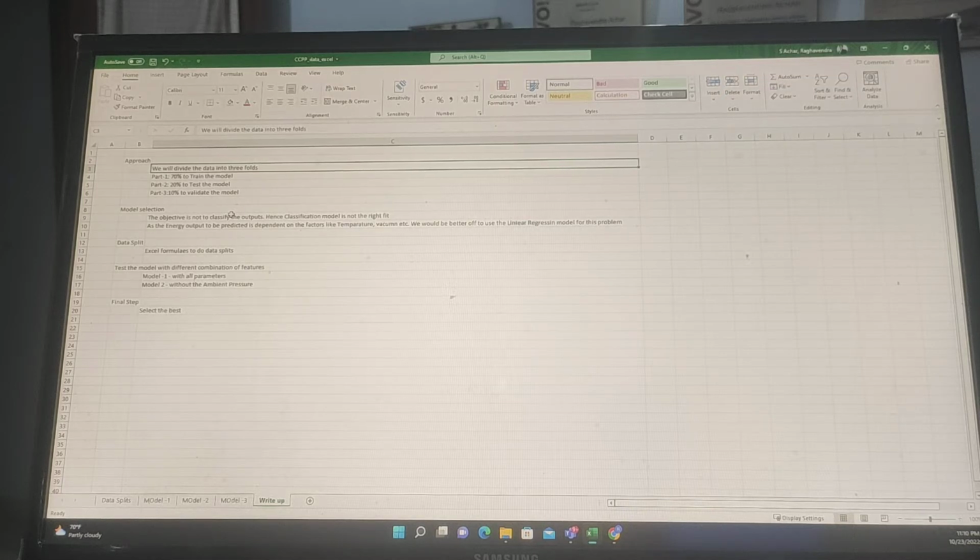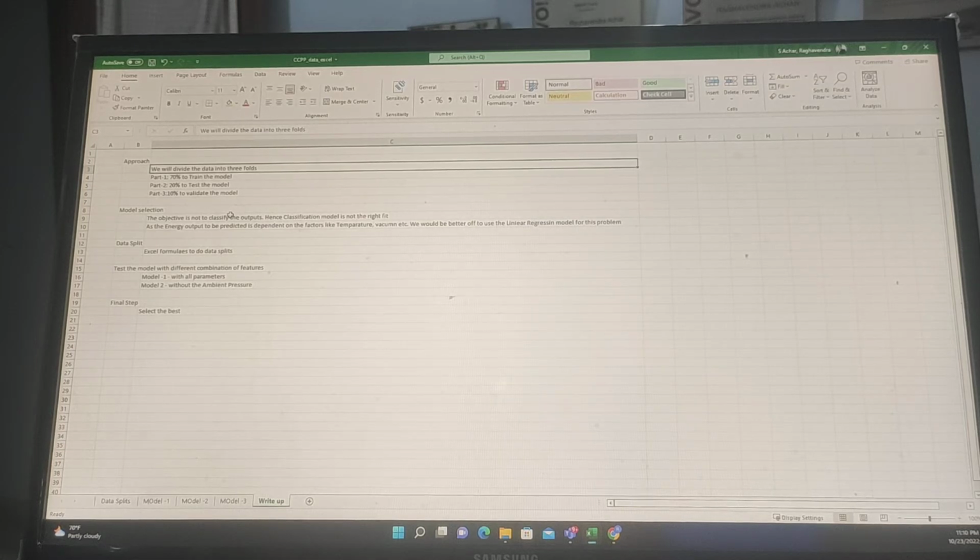Again, I tried to keep it very simple because it is easy to understand, easy to implement, and relatively, if you look at the problem, the factors that have been put forth look to be directly correlated with the output. So I started adopting the linear regression model.